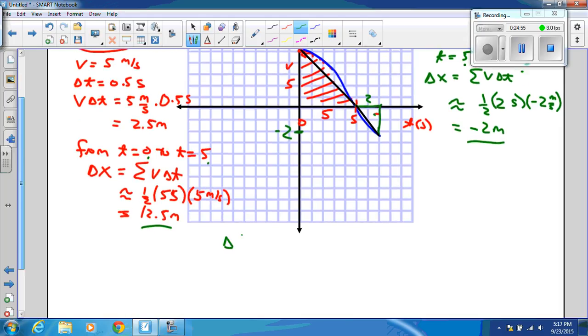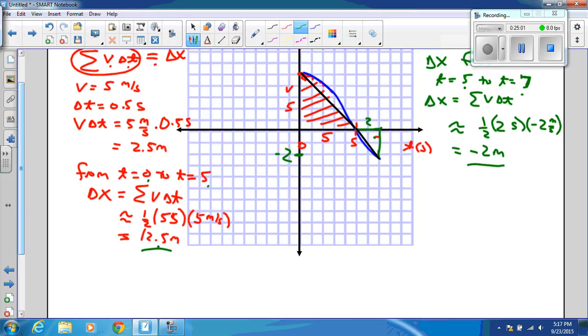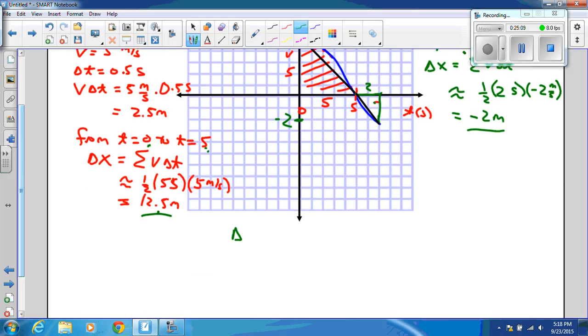If I were to add both of these together, that would give me the displacement from 0 to 7. The displacement in red here is for t's from 0 to 5. The displacement in green here is for t's from 5 to 7. And if I add those, I should get the displacement from 0 to 7.